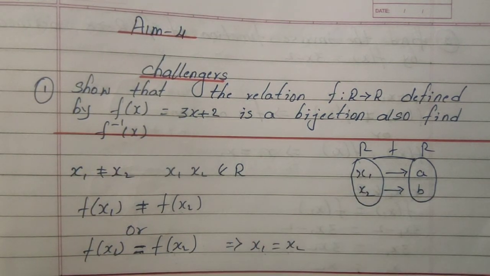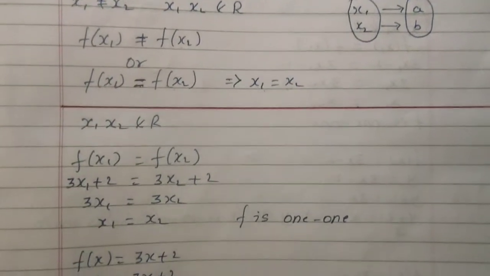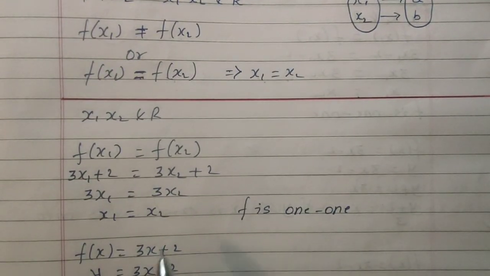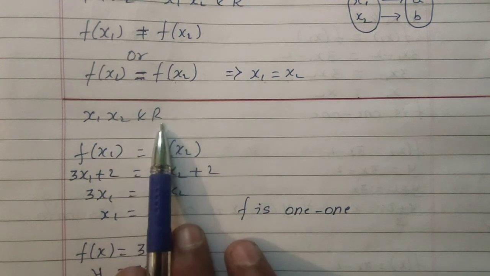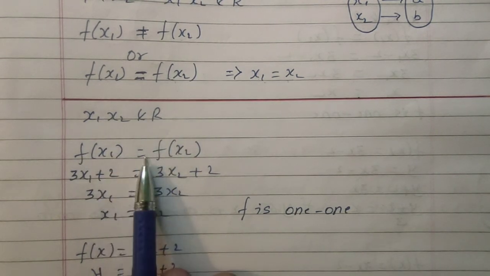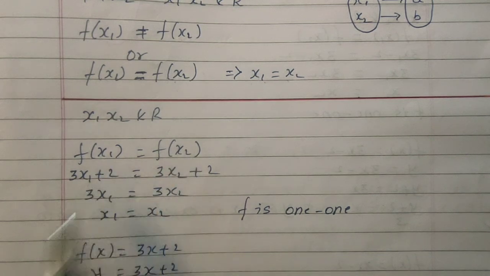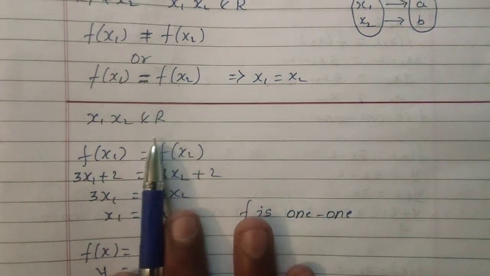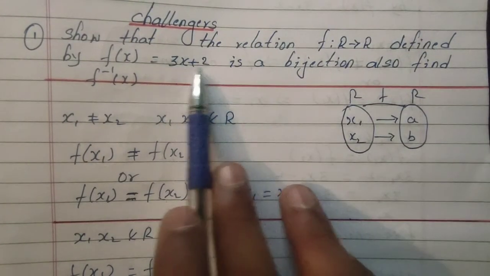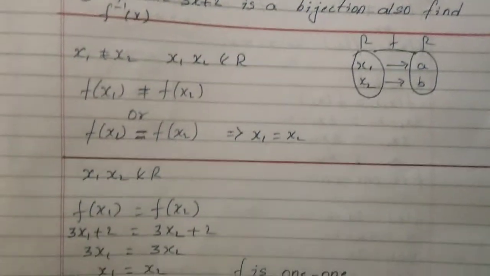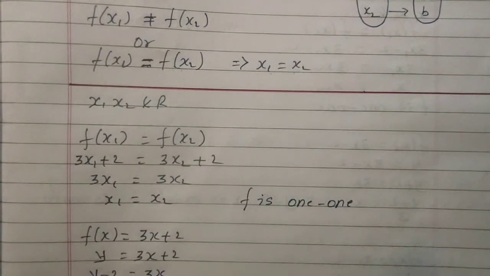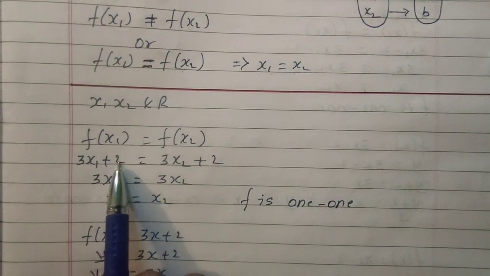Let's do that. Here I have taken x1 and x2 belonging to R, the domain. F of x1 I will assume equal to f of x2. My function is 3x plus 2. In place of x I take x1: 3x1 plus 2.